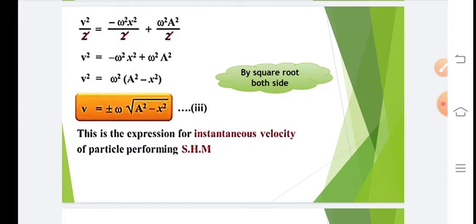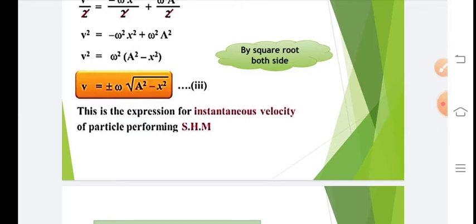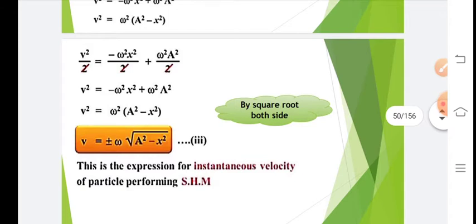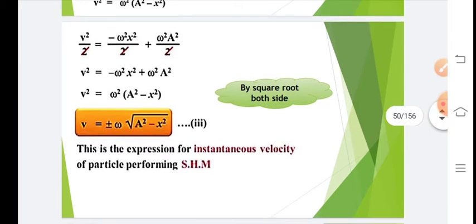This is equation number 3. So this equation represents the instantaneous velocity, or the velocity of the particle which performs the simple harmonic motion. So this is a very important equation, v is equal to plus or minus omega square root of a square minus x square, and this is the velocity of the particle which performs the simple harmonic motion.